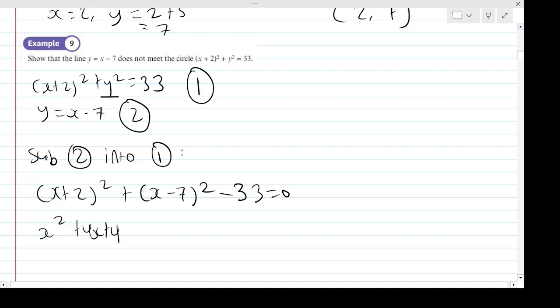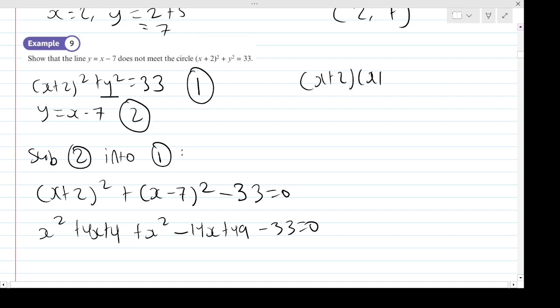Then for this bracket, I'm going to have plus x squared. x times minus 7 is minus 7x, and another x times minus 7 will be minus 14x. Then minus 7 times minus 7 will be plus 49, minus 33 equals 0. And if you are still struggling with the brackets, remember you can do it off to the side somewhere.